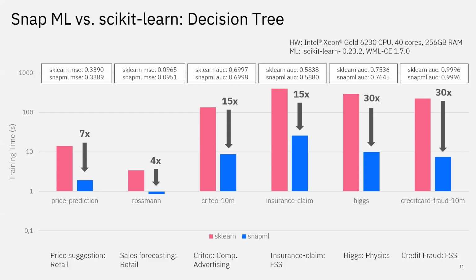We see some speedups varying from 4x on Rossmann up to 30x on credit card. And here we have a mixture of regression and classification problems, because decision trees can be used for both. In all cases, we see that the mean squared error is either lower or the AUC is higher for the classification problems. So we don't sacrifice any accuracy in order to get this acceleration.